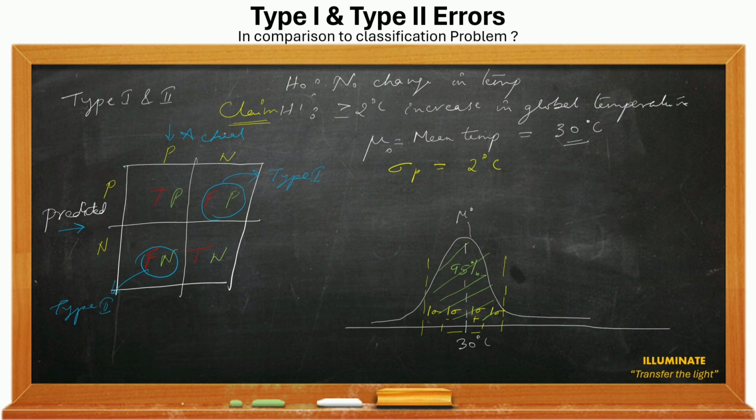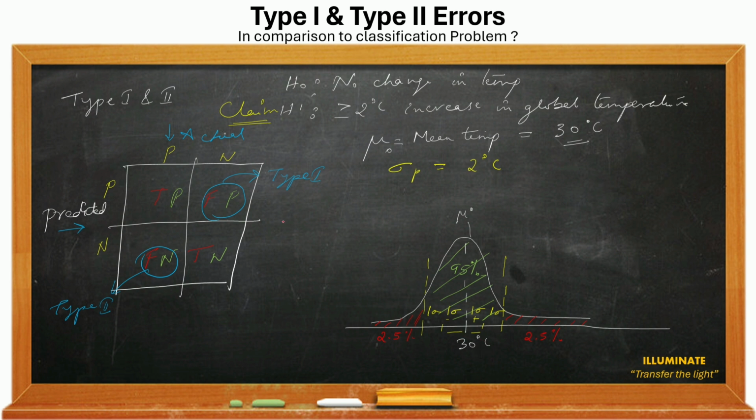The remaining on either side is combined 5%, but on the left hand side it's 2.5%, 0.025, and again on the right hand side it's 2.5%. So this is standard. We have 2.5% of data on the left hand side and 2.5% of data on the right hand side. This is what we have in a normally distributed curve.